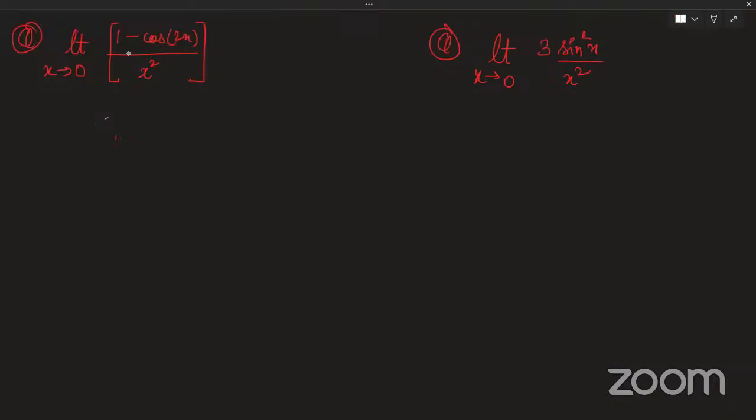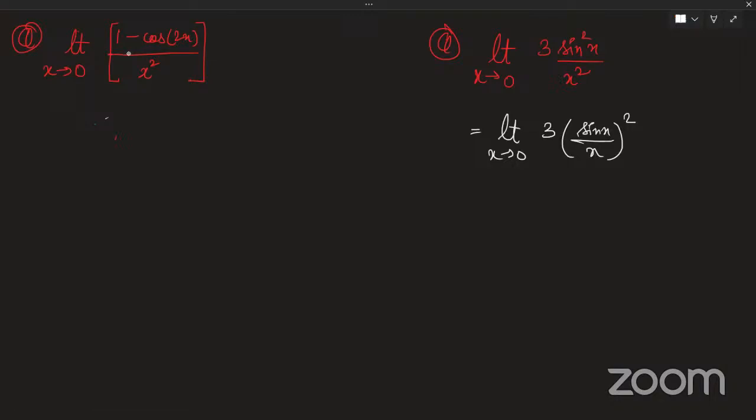How should we do it? You just need to do nothing. Limit x tends to 0, 3 into sine x by x whole square, right?